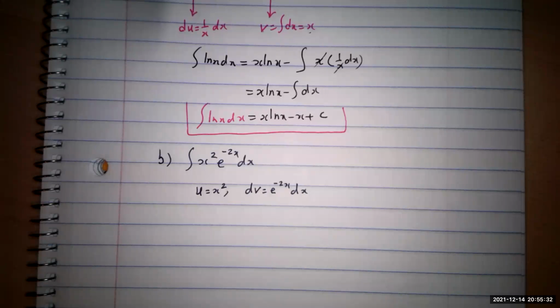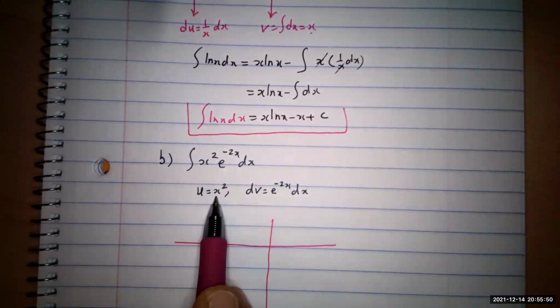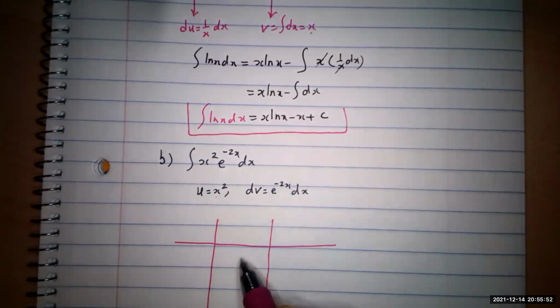So what we do, we summarize all this information in a table. That's a table that we let you use. It's very popular for calculus 2. So for this operation, you just start with the u.